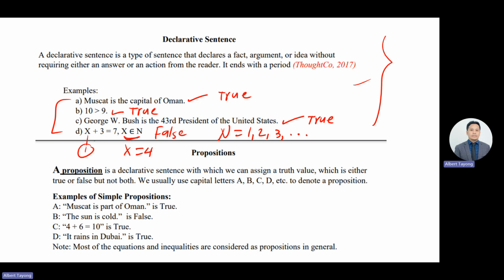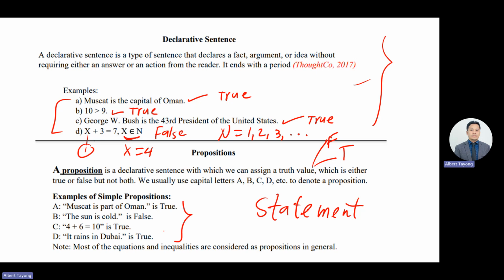Okay, so a particular declarative sentence with which we can assign a truth value, that means true or false, is called a proposition, or we also call this a statement. So a statement or a proposition is a sentence that can be either true or false.